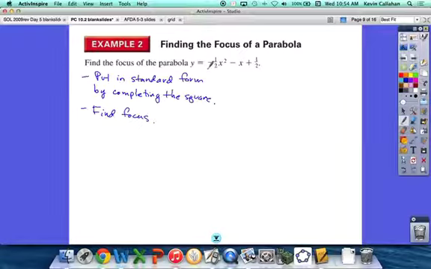So in order to do that, I need to complete the square. Now, if there's a coefficient on the x squared, you've got to factor it from the first 2 terms, right? Not from the last term, from the first 2 terms. So like this, y equals negative 1/2 x squared. And what do I get if I factor a negative 1/2 from negative 1?